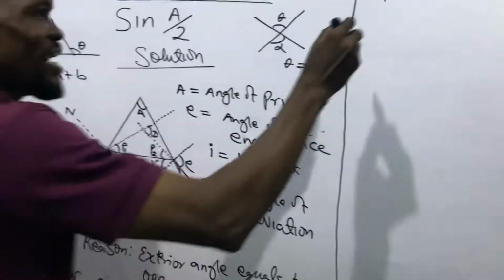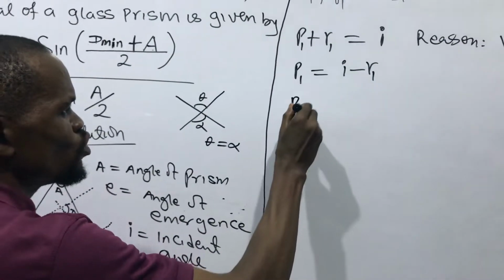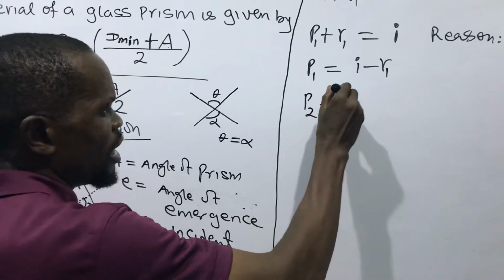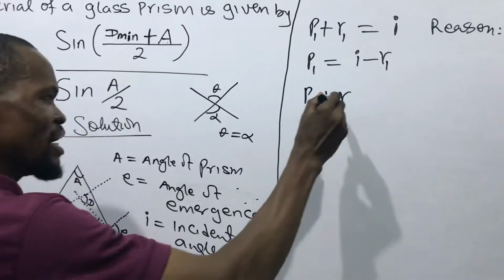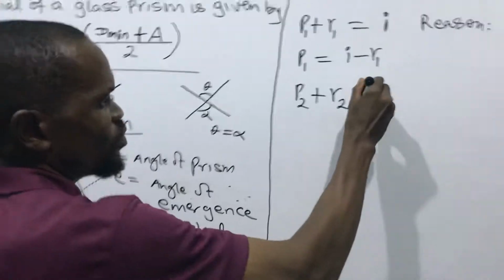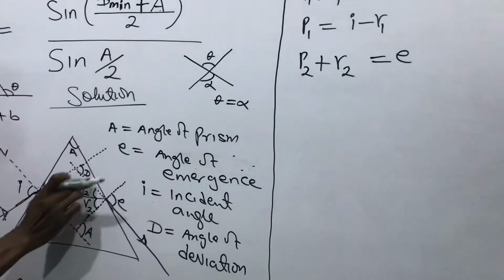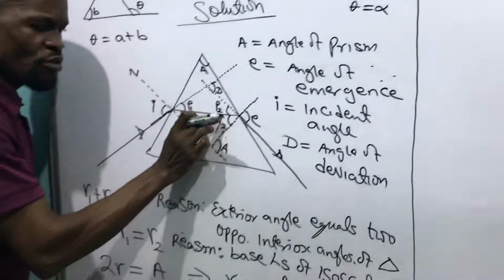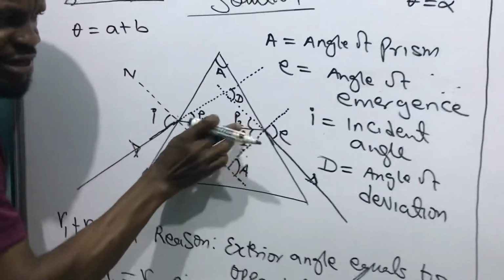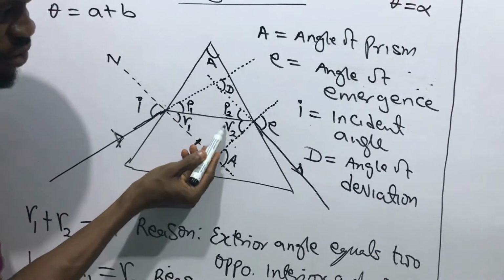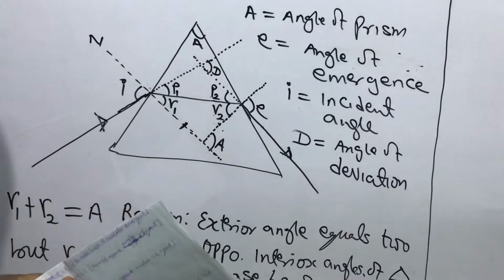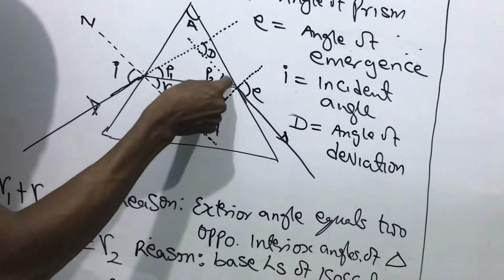Again, I can say that P2 plus R2 is equal to E. The same reason: vertical opposite angles. Watch here. Look at it here. This plus this plus this is equal to the emergent angle. The same reason, vertical opposite angles.